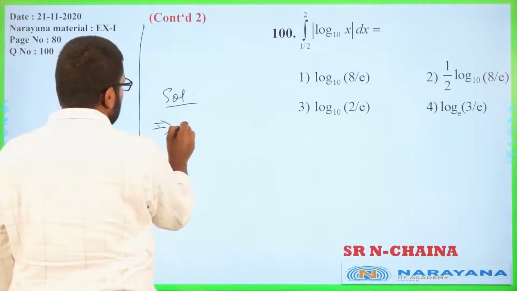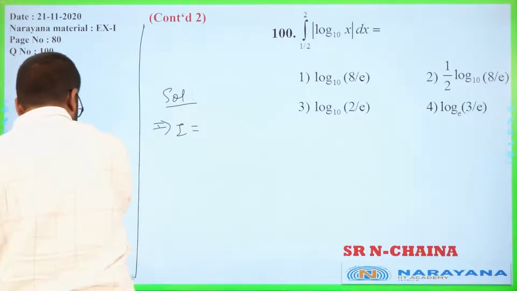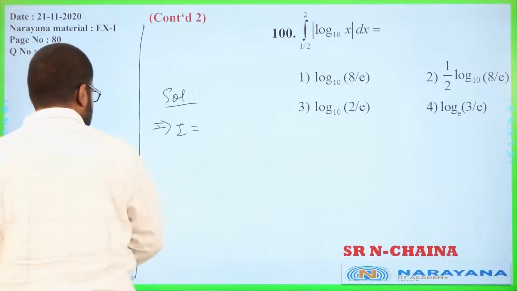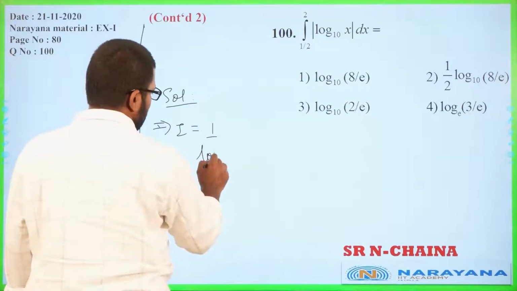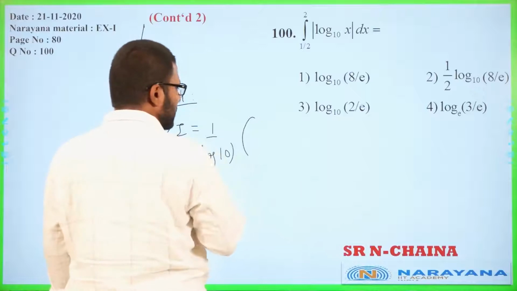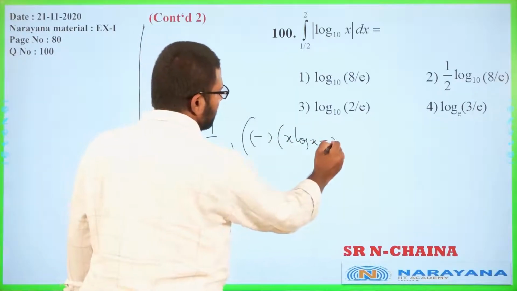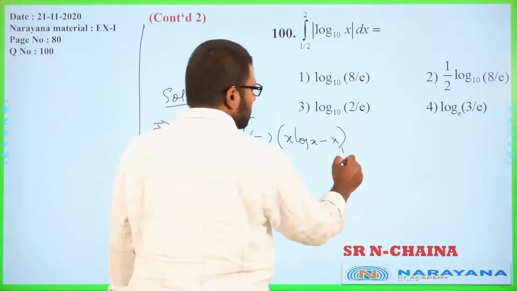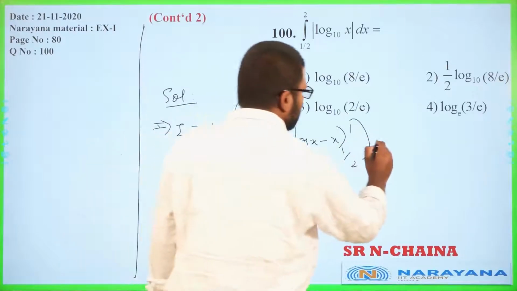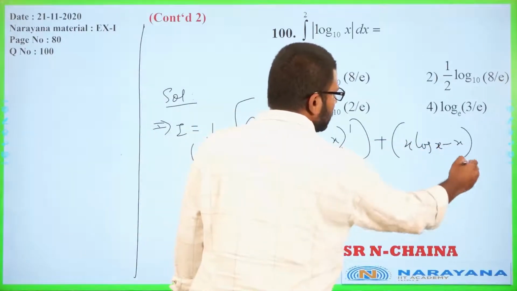Which means I is equal to, let us substitute step by step, 1 by log 10 times integral half to 1 of minus log x dx. So put this minus outside, into x log x minus x from half to 1, this whole thing, plus x log x minus x from 1 to 2.